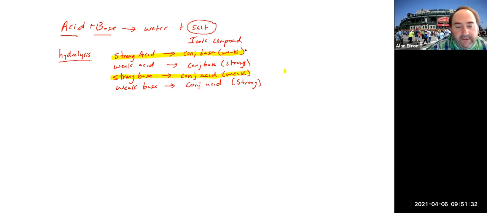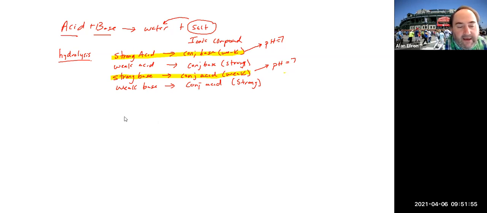So we would expect a salt from this situation to end up with a pH of 7 and be neutral. What that means is it will not react with water. It will just hang out there. It won't have an effect on the pH, and thus it's considered to be neutral.